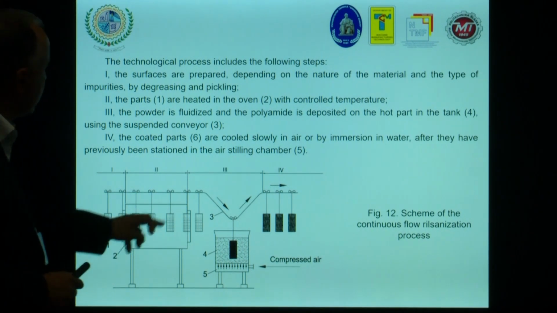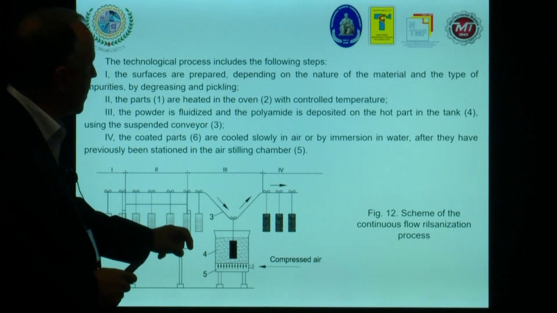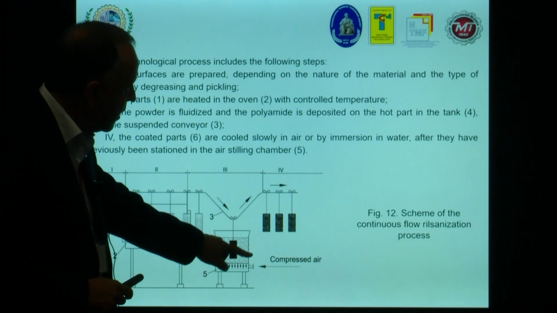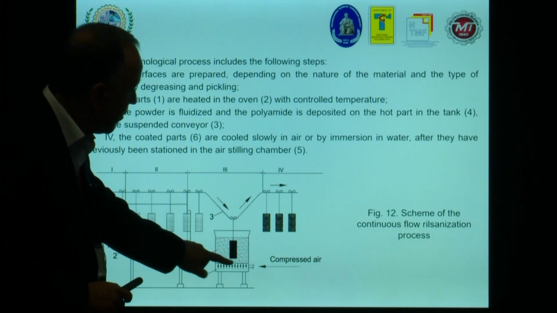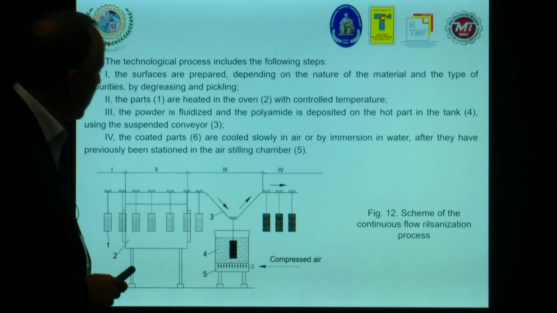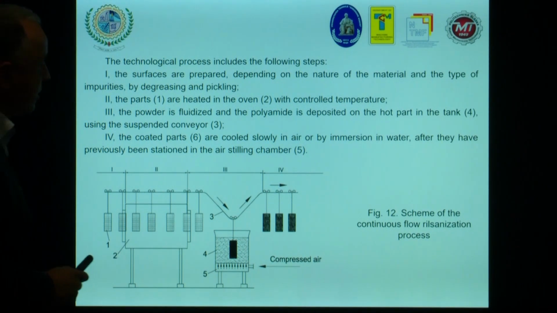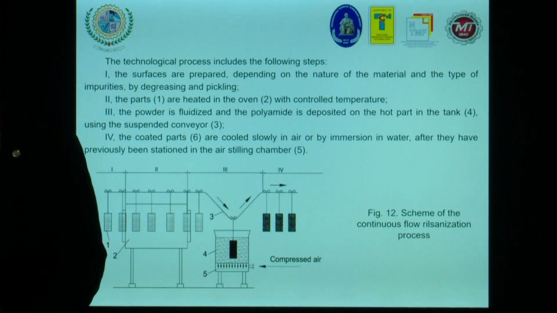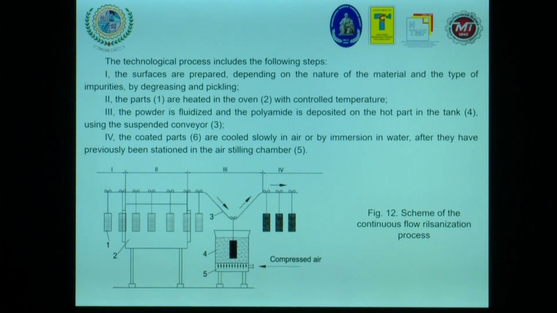The third step, the powder is fluidized and polyamide is deposited on the hot part, and you can see over there, in tank number 4, we can find the polyamide. The last part, you can see, is on the air atmosphere, where the part is cooling.